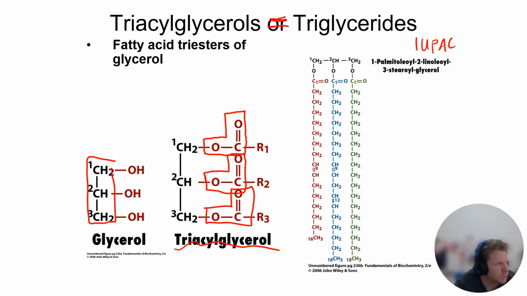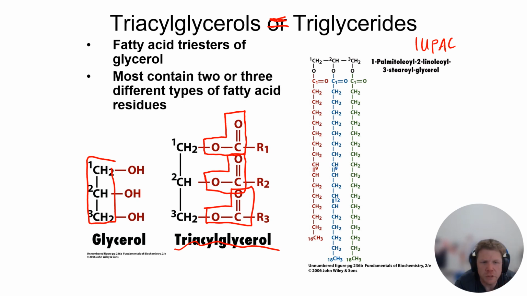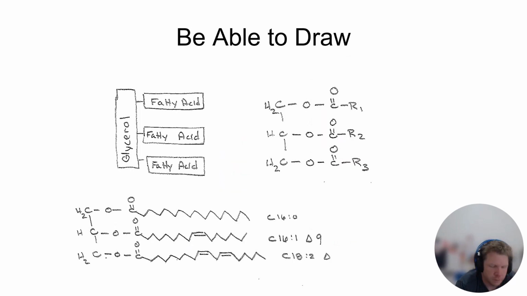They are triesters of glycerol. Most contain 2 or 3 different types of fatty acid residues, and that's what we've depicted in the previous one. So I want you to be able to draw them in a couple of different forms. Here's one kind of cartoony model where we have glycerol and then fatty acids. This next one is a more accurate depiction, showing all of the different atoms.